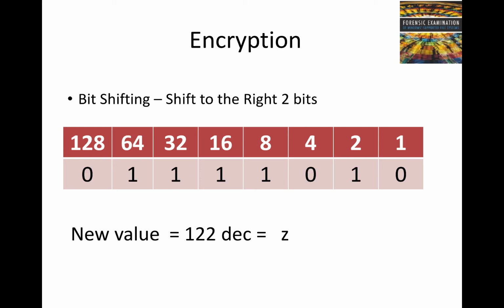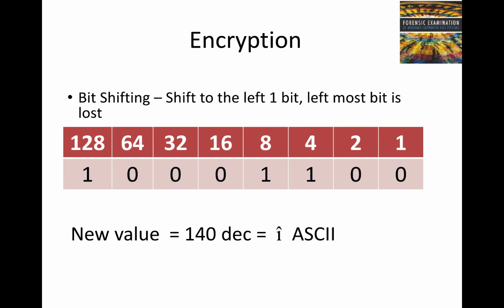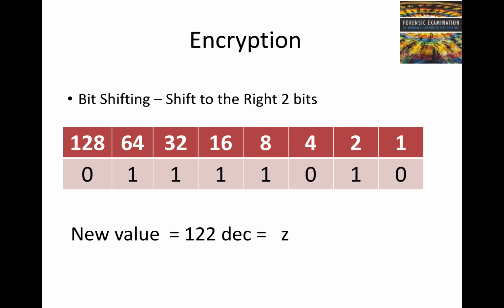Okay. We could do the same thing, we could shift 2 bits to the right. So if we take that same value that we had previously and we shift it to the right, we now get decimal 30. So we start at 122 and we shift to the right 2 bits, and we now get decimal 30.